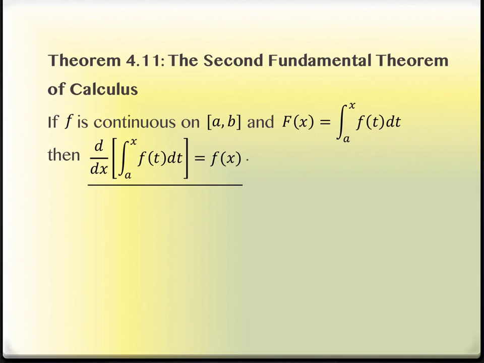Now, there is another version of the fundamental theorem of calculus. This is my second fundamental theorem of calculus. If f is continuous on a to b, and the antiderivative, capital F of x, is the integral from a to x of f of t dt, then if you take the derivative of the integral, they cancel each other out.